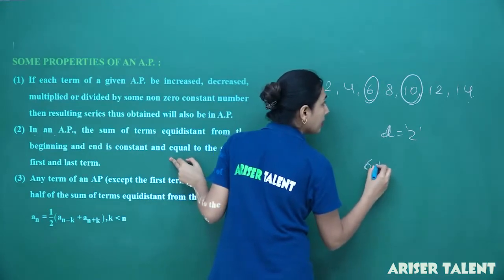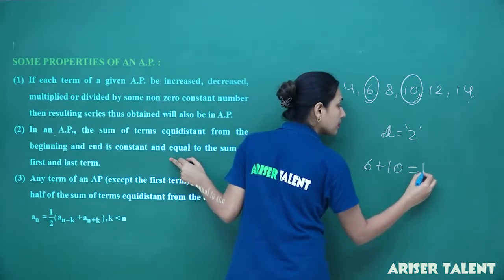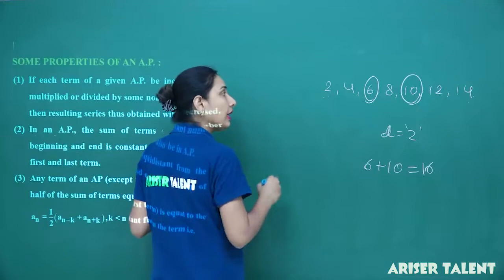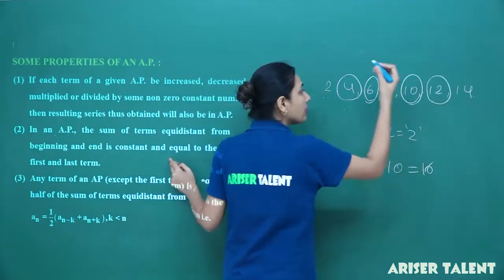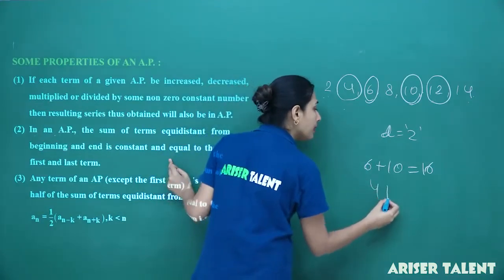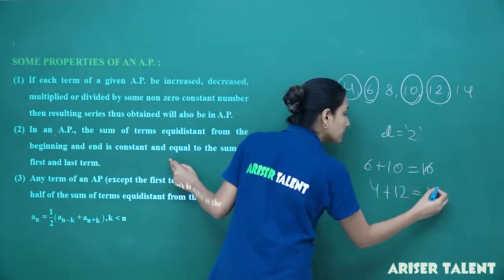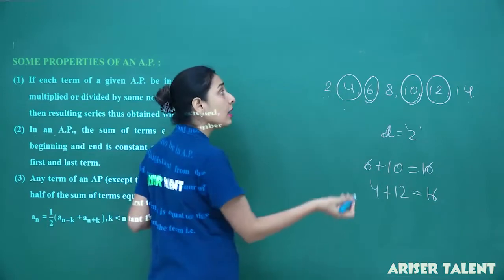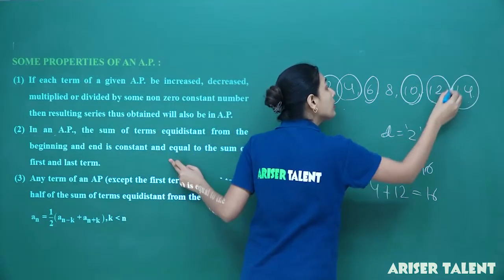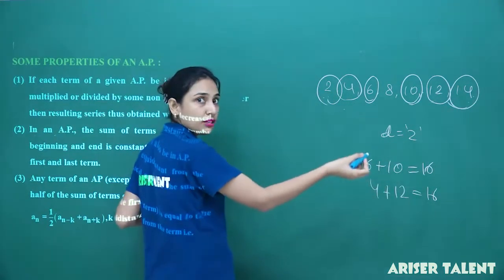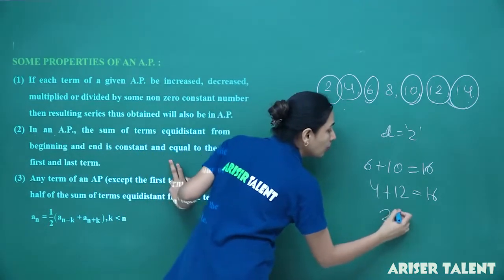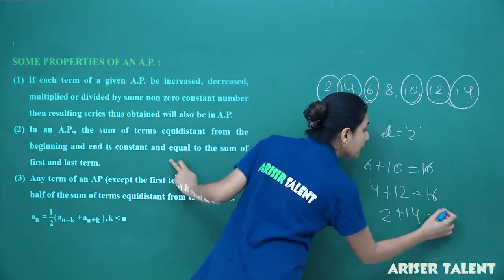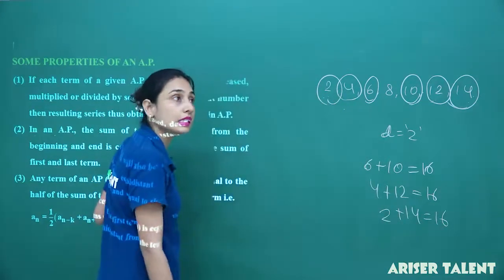The sum of terms equidistant from the beginning and end is constant. Like this will be what? 16. Now I am taking this 4, the second number, and this 12. Now 4 plus 12 will be equal to 16 again. Now 2 and 14, the first place from beginning and end, that will be 2 plus 14, equal to 16.